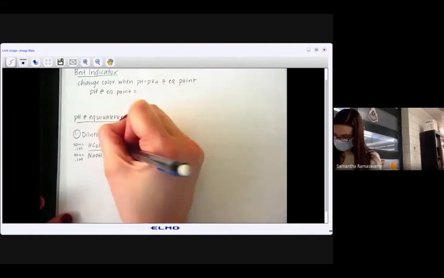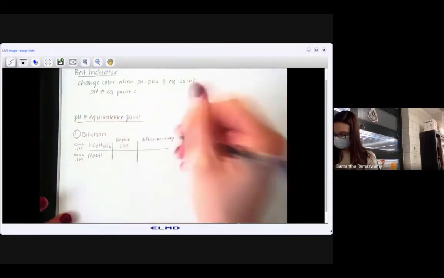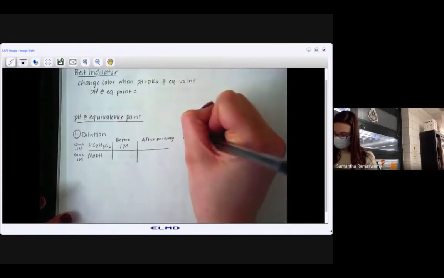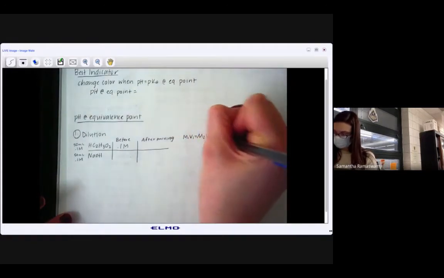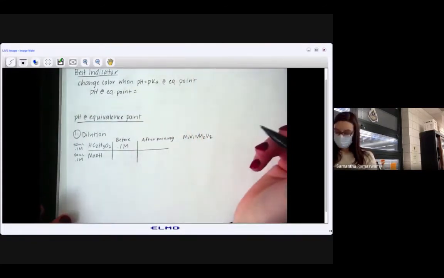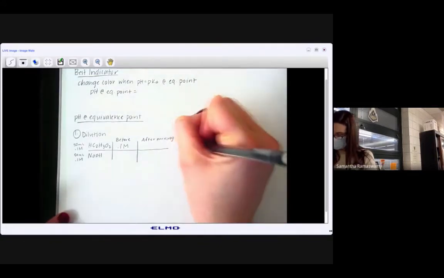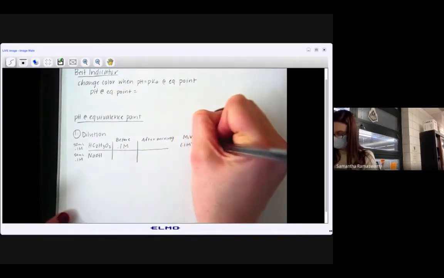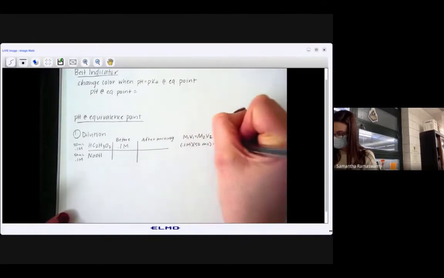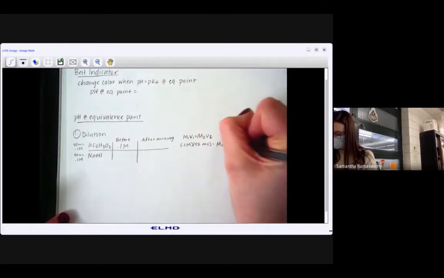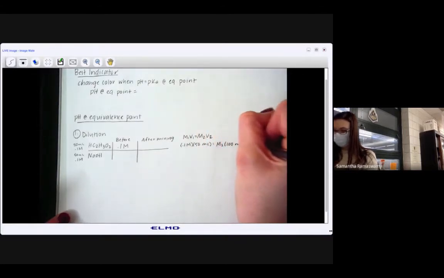So before mixing, this was 0.1 molar. We're going to use M1V1 equals M2V2 for dilutions. So acetic acid was 0.1 molar. We had 50 milliliters of it. We want to find the new molarity when we add the two solutions together.